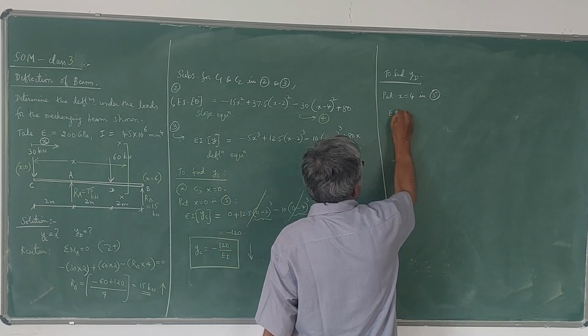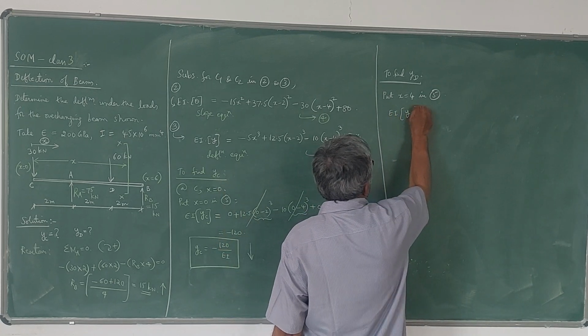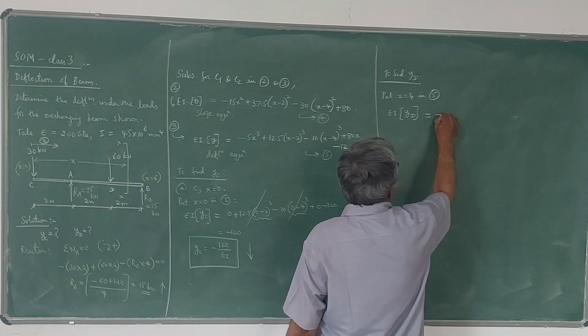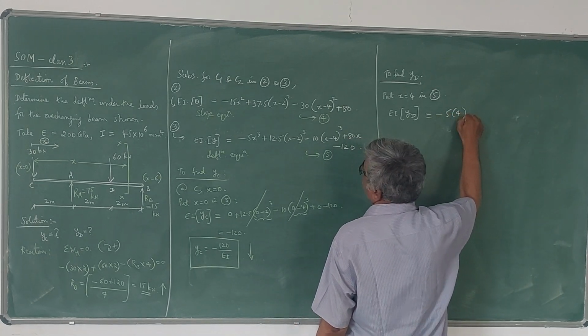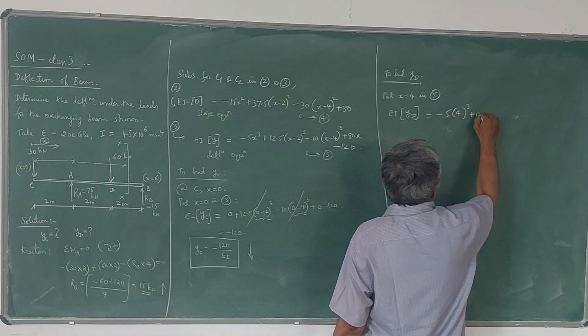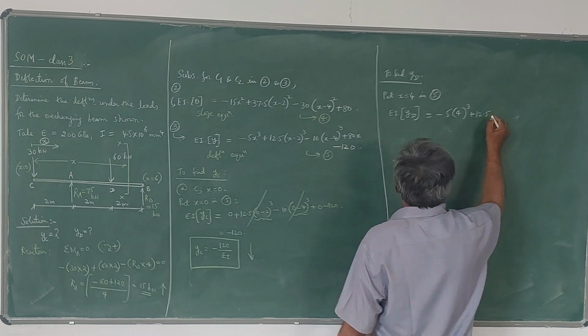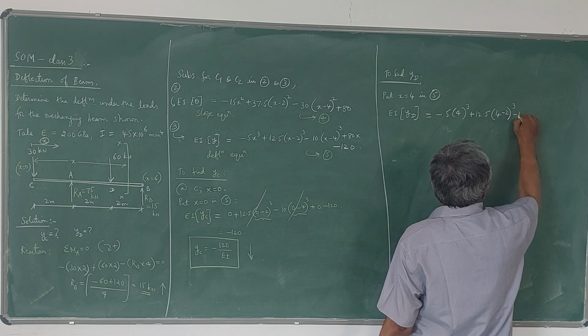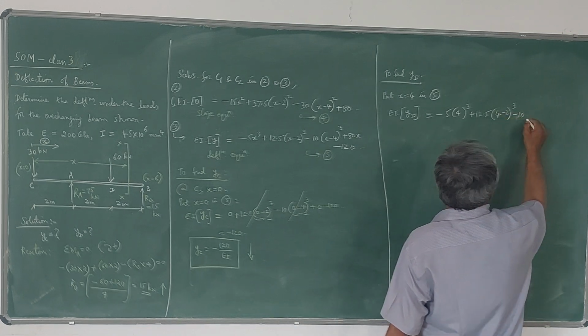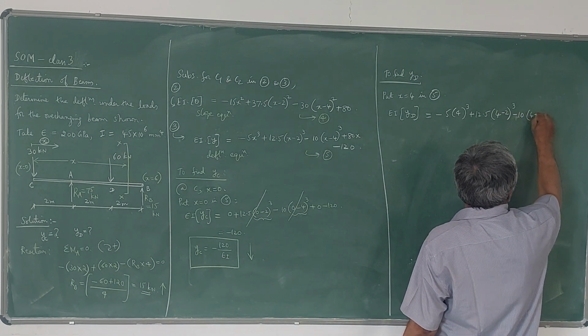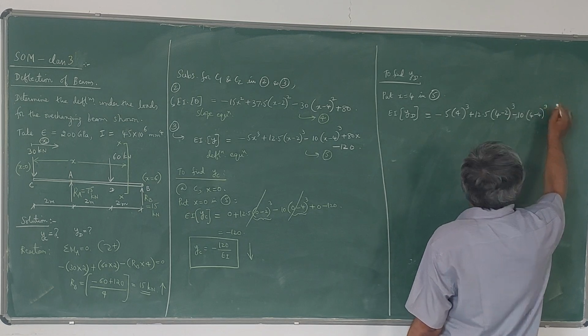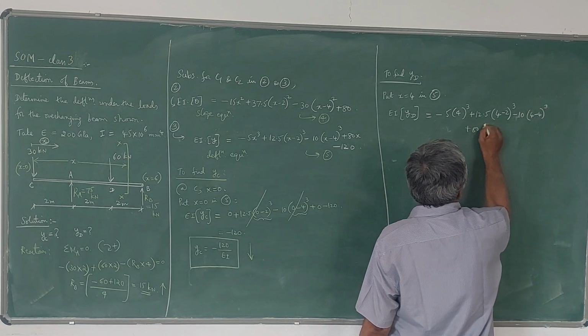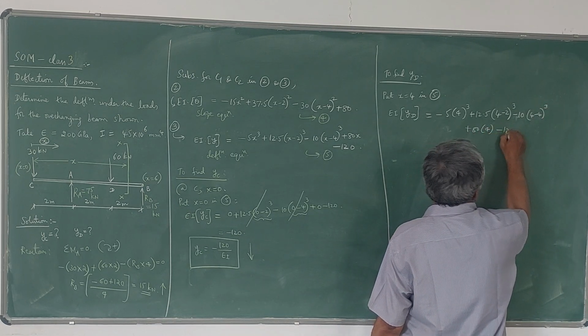EI into y becomes EI into YD, is equal to minus 5 into 4 cube plus 12.5 into 4 minus 2 whole cube, minus 10 into 4 minus 4 whole cube, plus 80 into 4 minus 120.